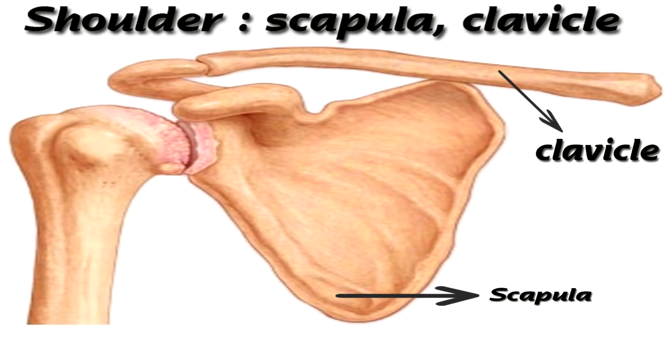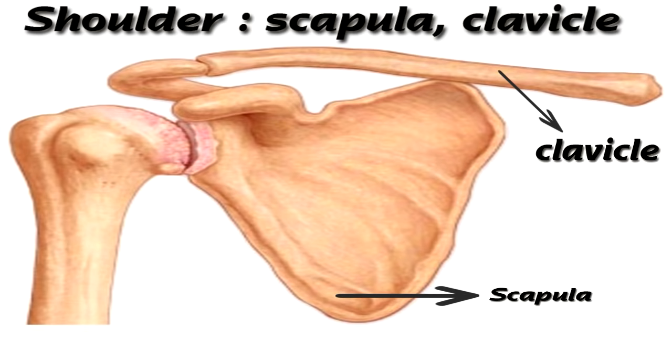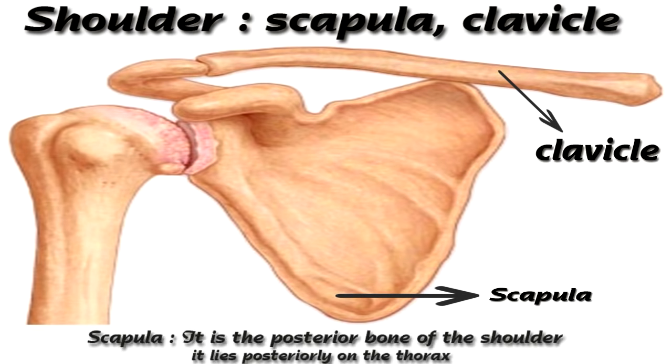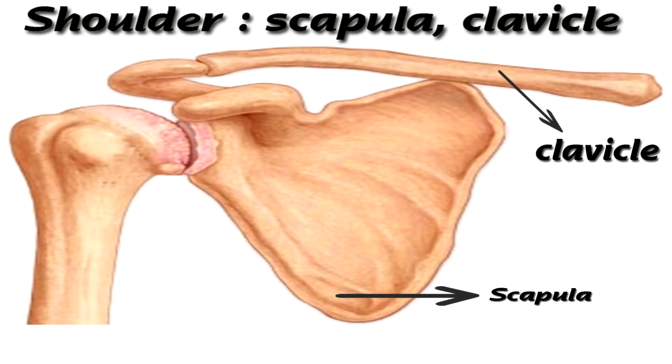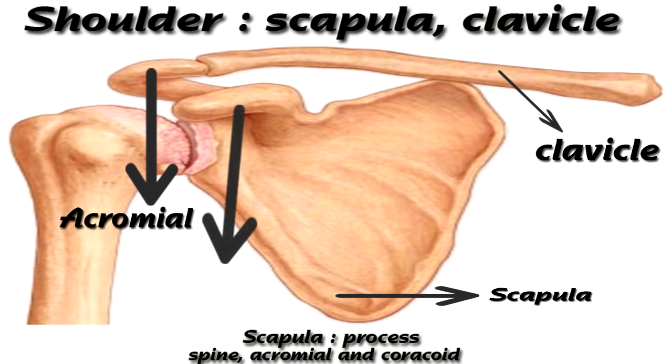The shoulder consists of the scapula and the clavicle. The scapula, it is large, flat, and triangular bone. It is the posterior bone of the shoulder. Also, it has many processes: spinous, which is also called spine, acromion, and coracoid.